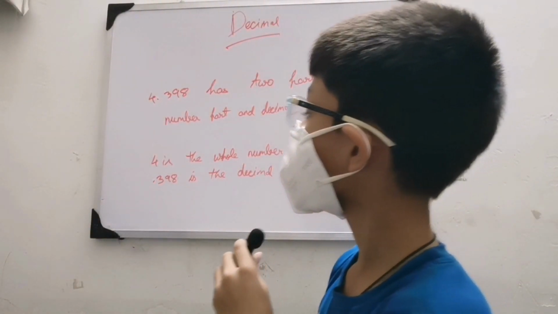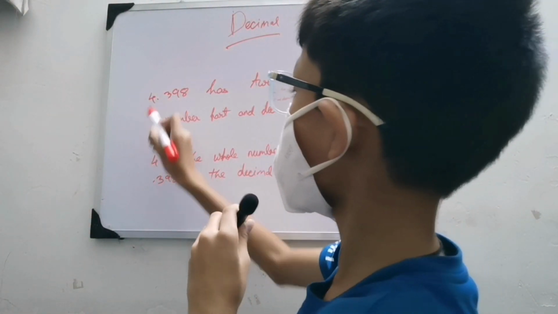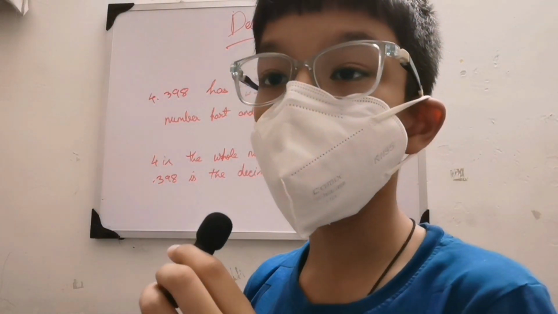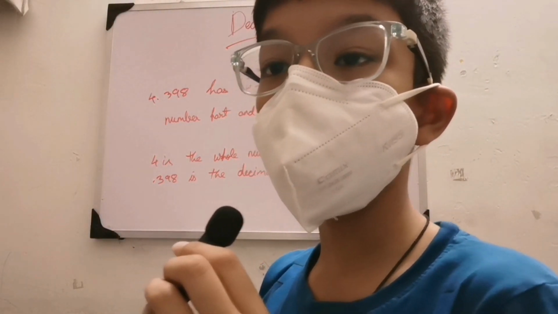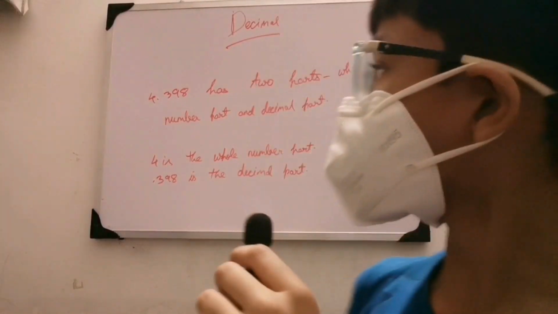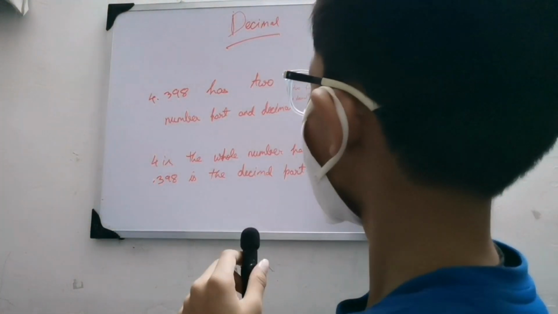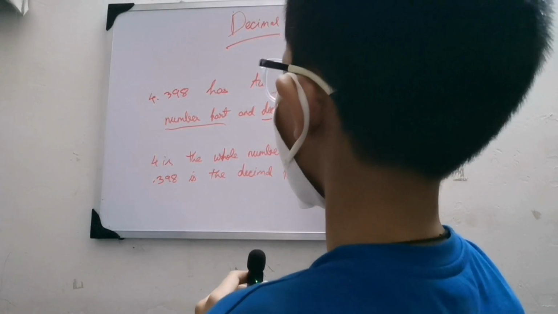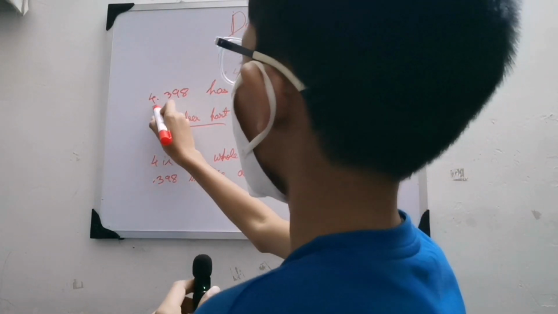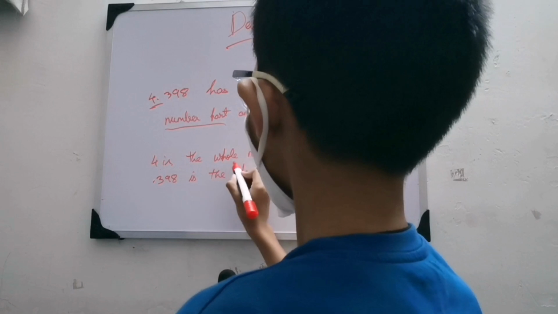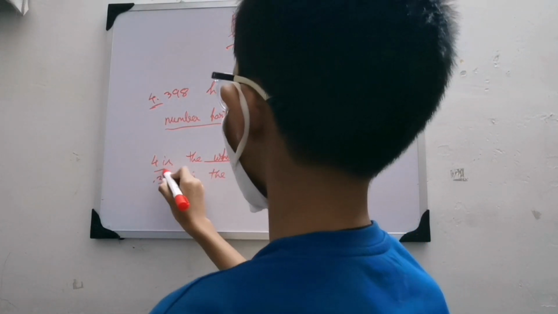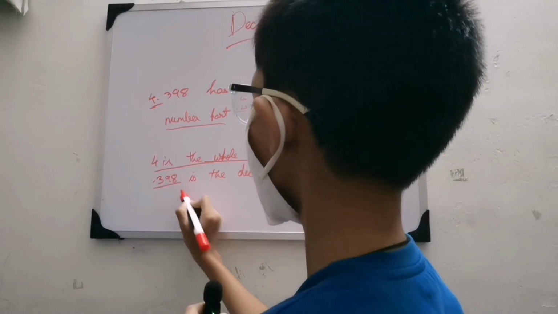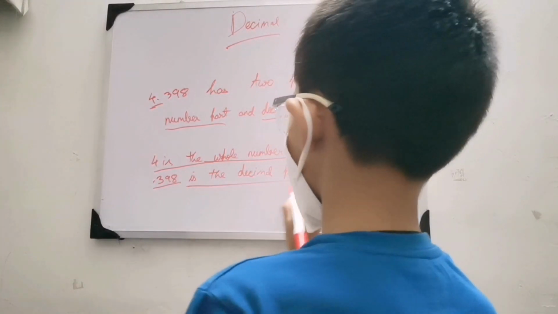Here, guys, so now say, for example, 4.398. After the decimal everything is written. 4.398 has two parts, the whole number part and the decimal part. The 4 is the whole number part, and 0.398 is the decimal part.